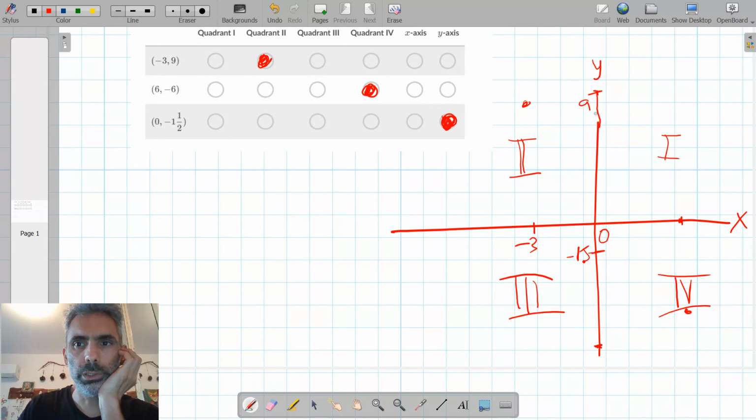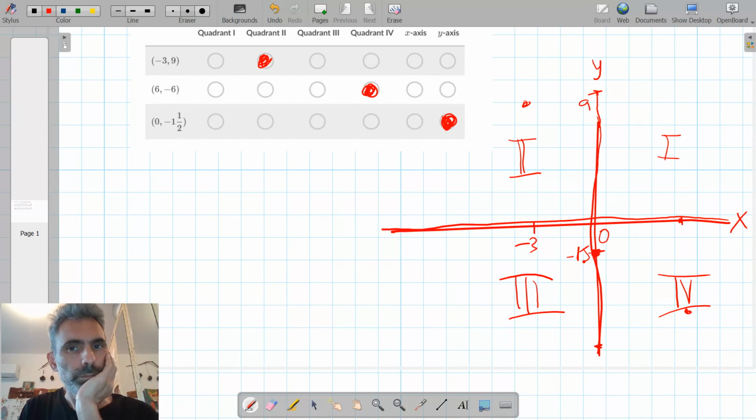The point is not on the x-axis, it is underneath the x-axis, located right on the y-axis.